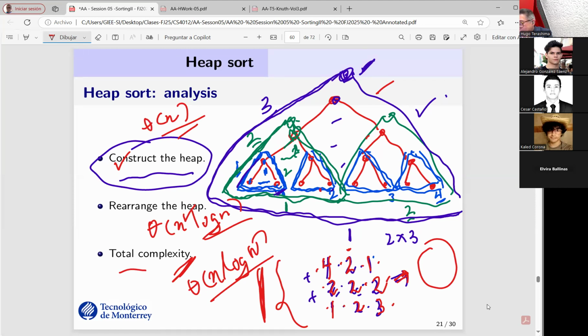And this is a binary tree. So I'll give you an exercise in the homework in which the heap is not binary. The heap is ternary, so you have 3 children for each node, and you check if the analysis changes for that. But you understand the construction, you understand the rearrangement, and you understand the total complexity that you get.